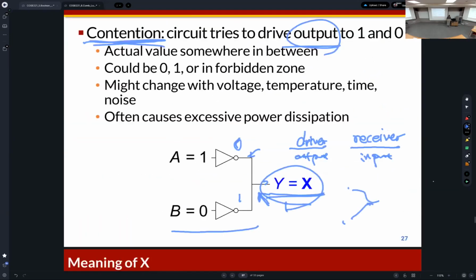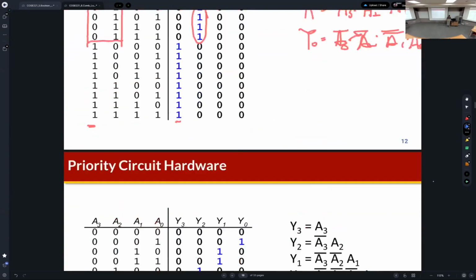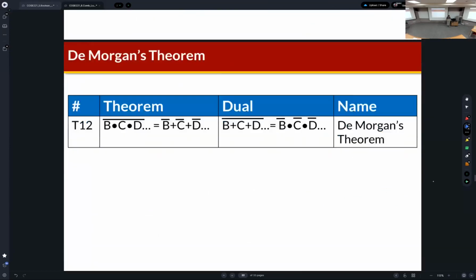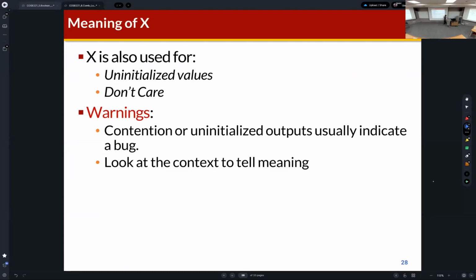But we also learned X in the previous slide. What does that mean? This one is also X. We also represent the don't care using X. Be aware of these different meanings of X, because we also use X for representing don't care or uninitialized values.